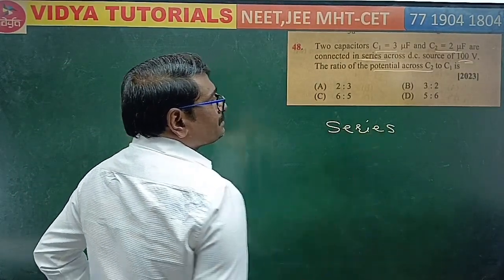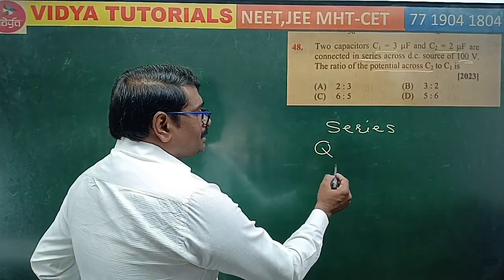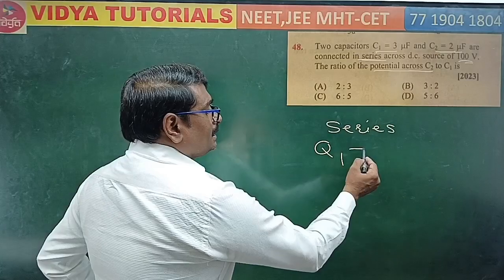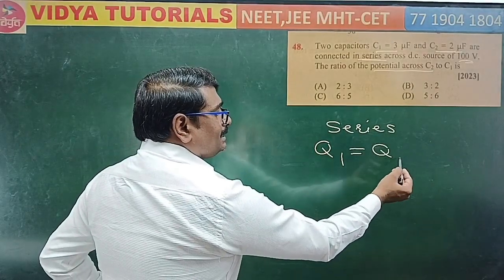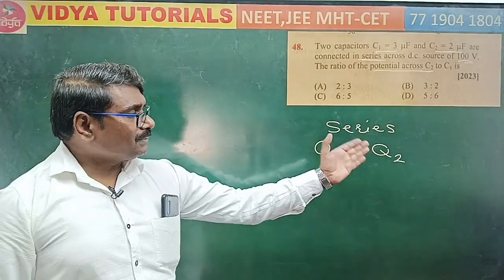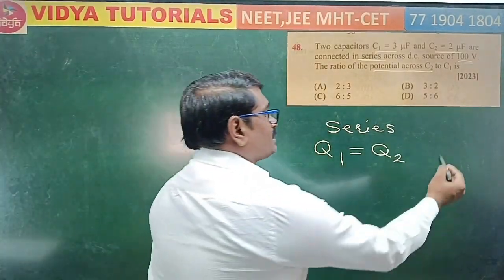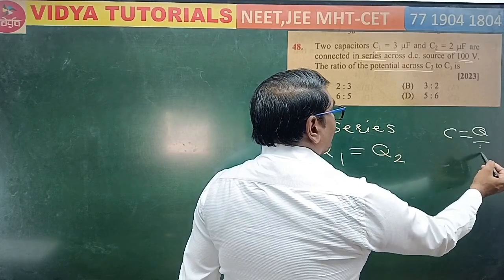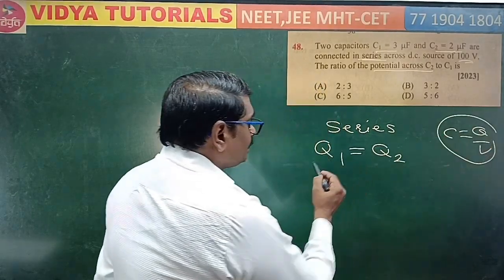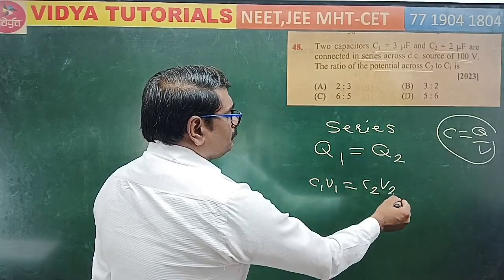And we know that in a series combination, the charge of the first capacitor equals the charge of the second. By the general formula, C is equal to Q by V, and hence we can say that Q is CV. Therefore this is written as C1 V1 equals C2 V2.